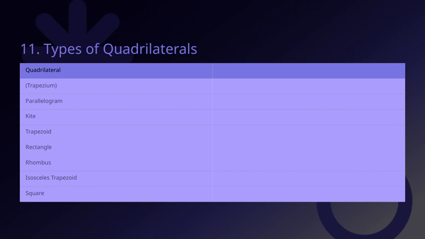And finally, the square, which combines all the properties we've discussed: equal sides, right angles, and symmetry. Understanding these different types helps us see the diversity within quadrilaterals, which ties into the overall theme of geometric classification and how these shapes can be used in various real-world applications.